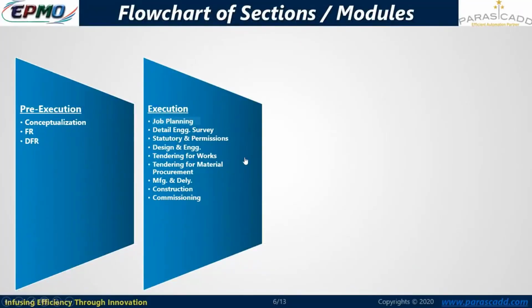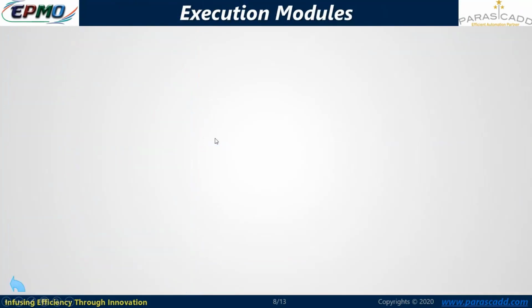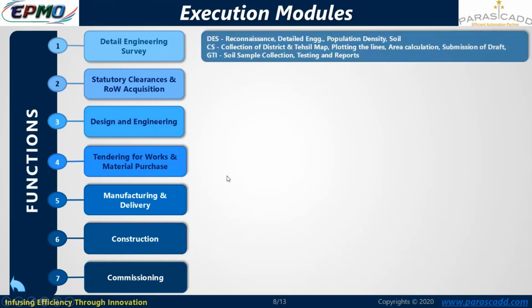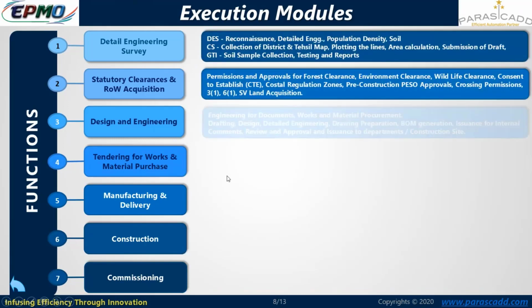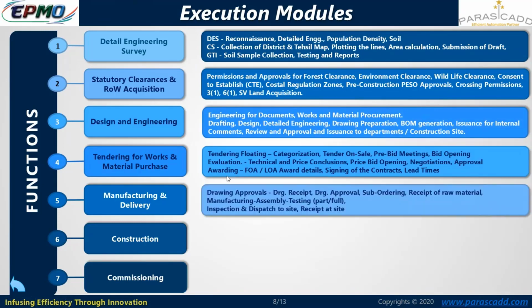Next, the execution side. So let's see over here. We have functions like detail engineering survey, statutory clearances, design engineering, tendering for works, material procurement, manufacturing and delivery, construction, and commissioning. Each function is further subdivided into sub functions as well as main activities and child activities.